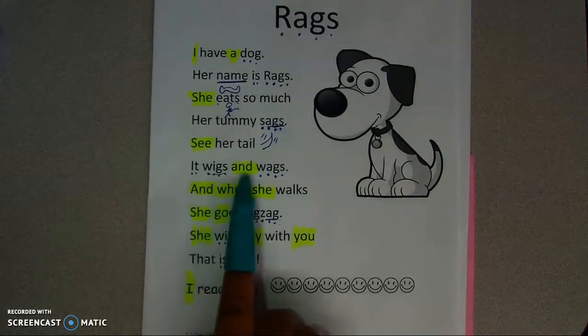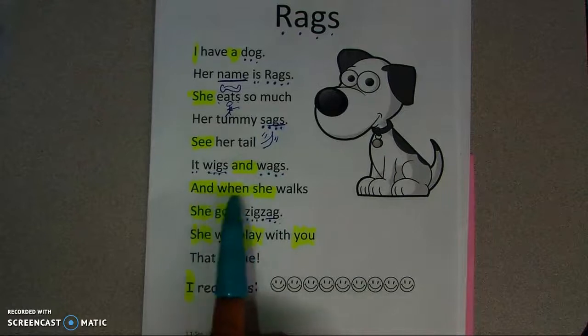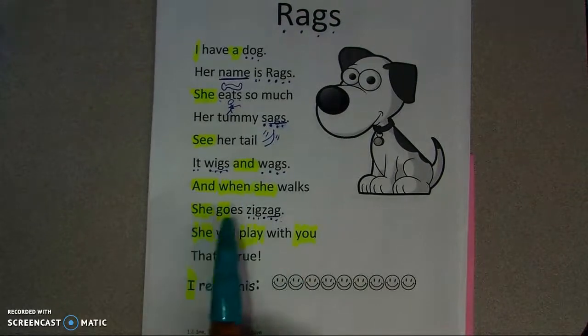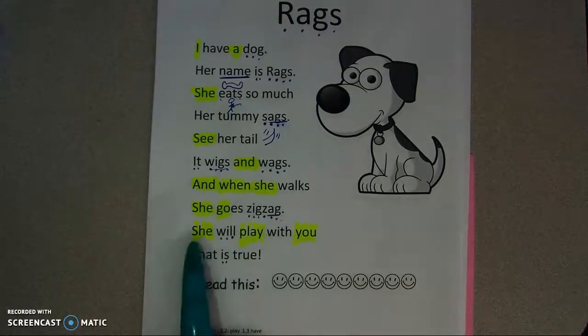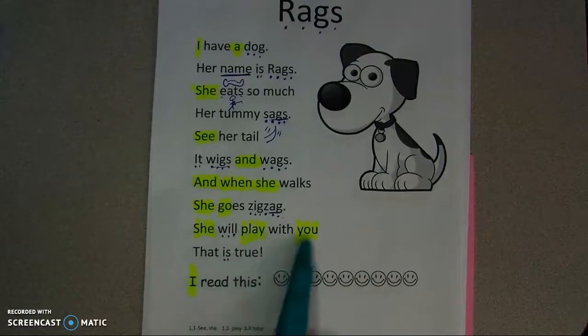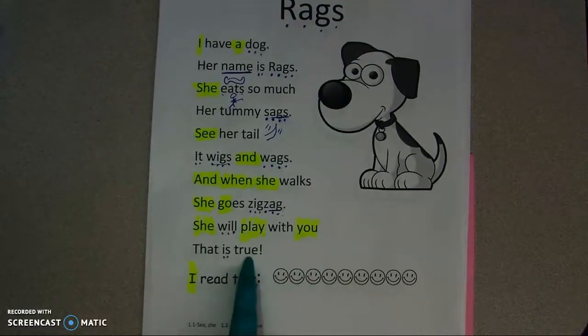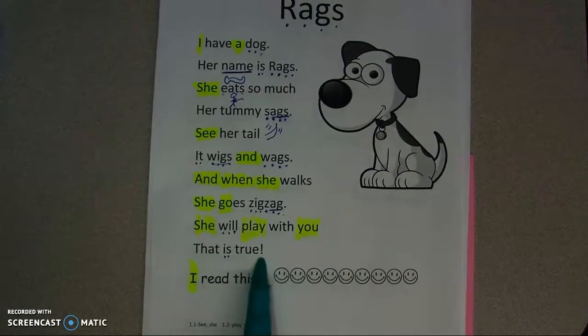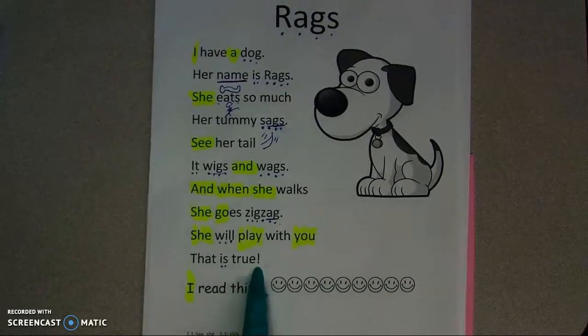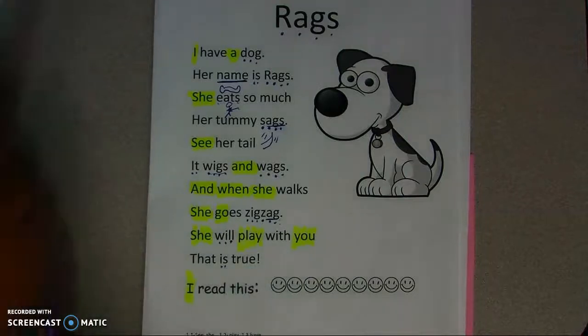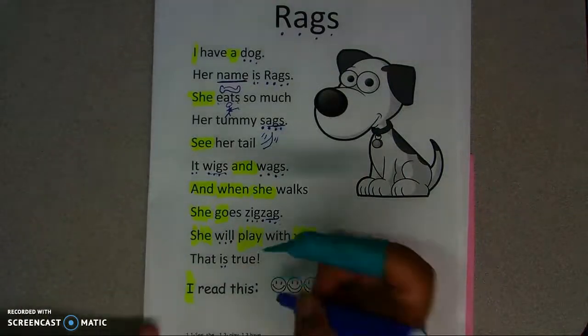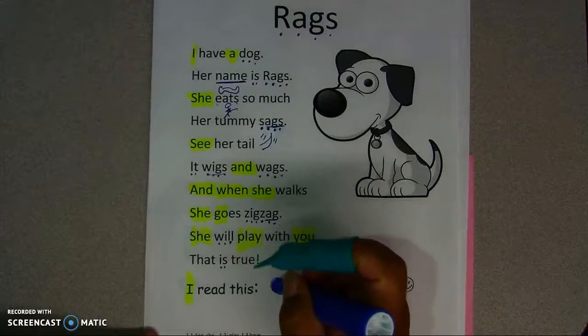It wigs and wags, and when she walks, she goes zigzag. She will play with you. That is true. Oh, there's my exclamation mark. I better say that a little bit more excited. That is true. And you know what? I get my favorite color, and I get to draw in a happy face.